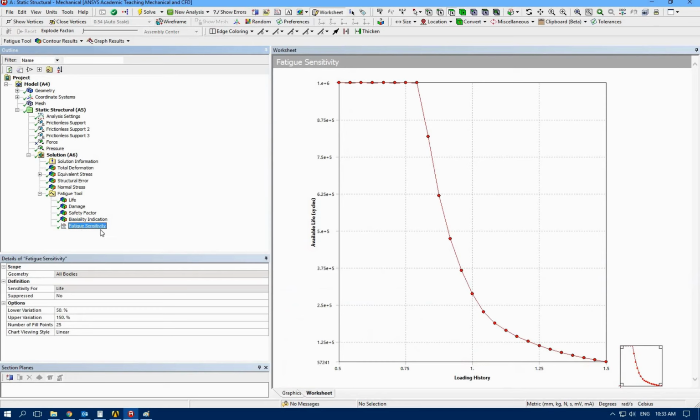Okay, now we can see our current position.